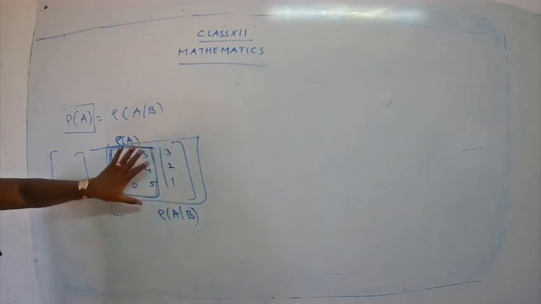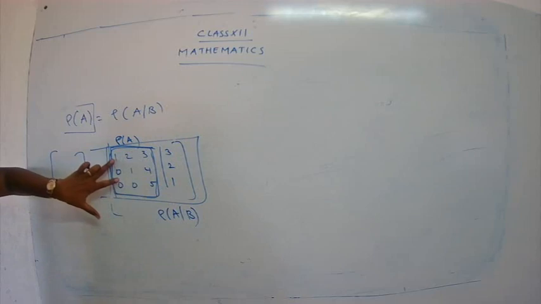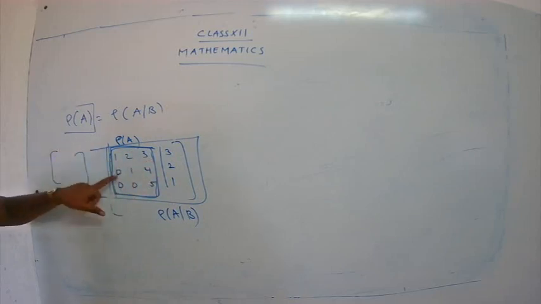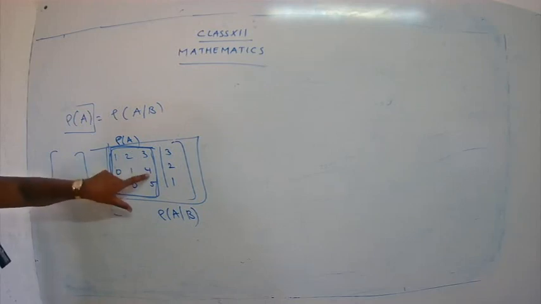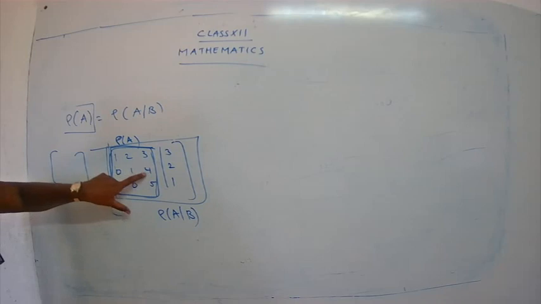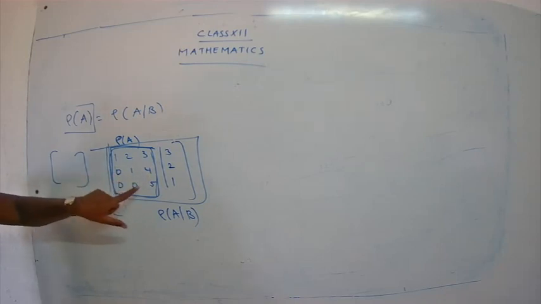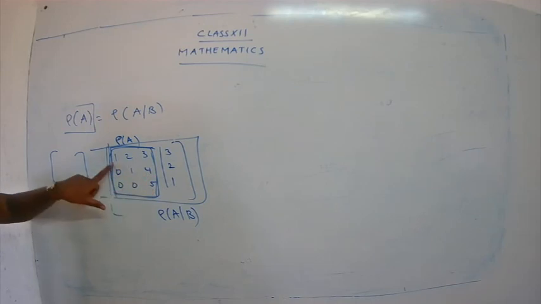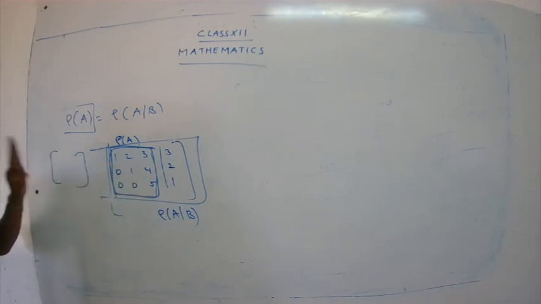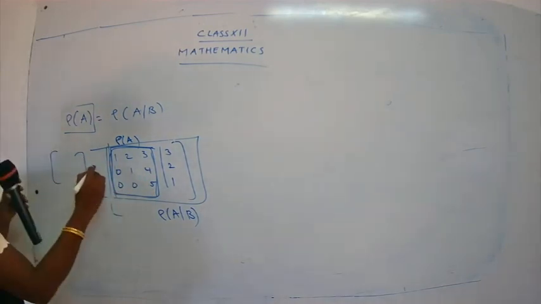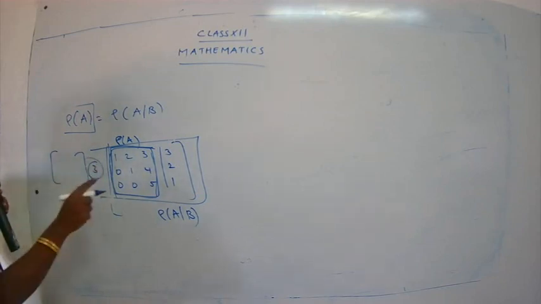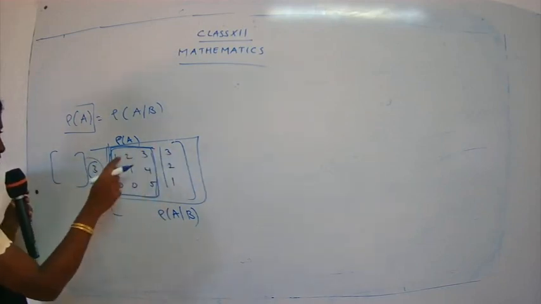Just going to focus only on A. Here I can't say this is a zero row because we have numbers other than 0. So this is a non-zero row. This is also a non-zero row because 5 is there. So what is the rank here? The rank is 3.